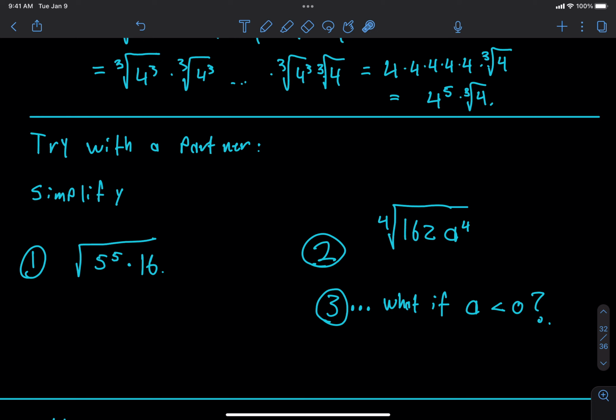I could rewrite the square root of 5 as the square root. So what I'm going to end up with is square root of 5 to the 4 times square root of 5 times square root of 16.